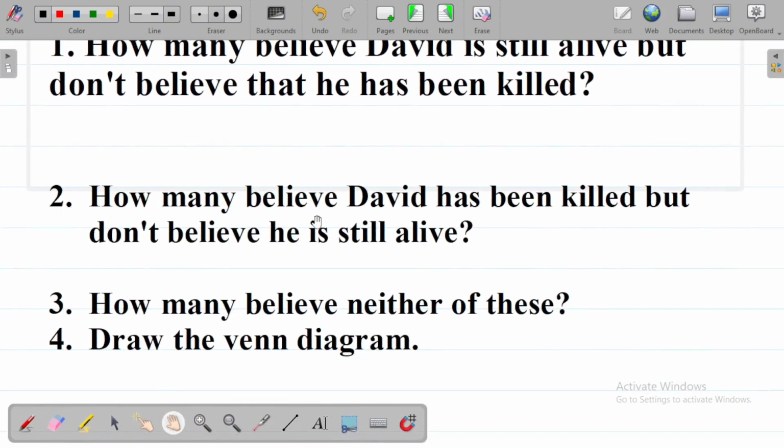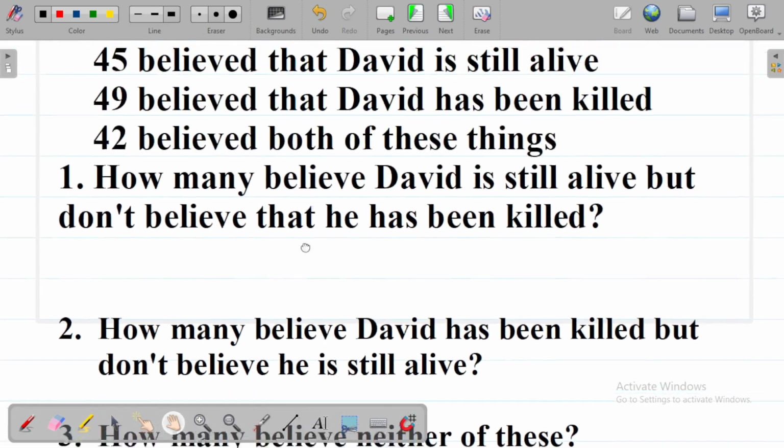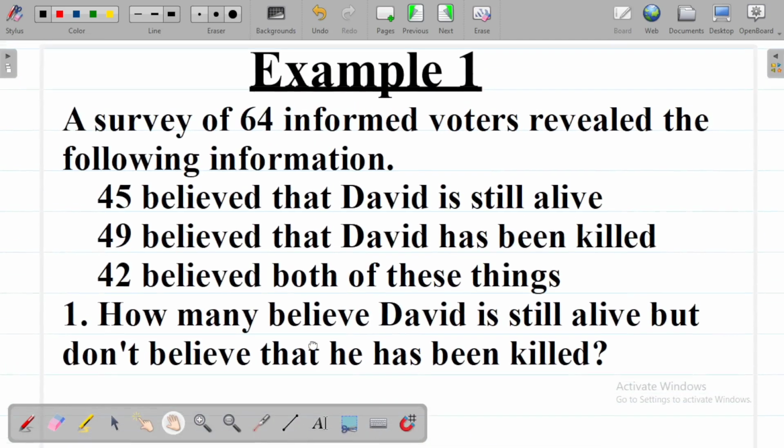How many believe David has been killed but don't believe he is still alive? 3. How many believe neither of these? And then 4. Draw the Venn diagram. So this is a question on the two-set Venn diagram.